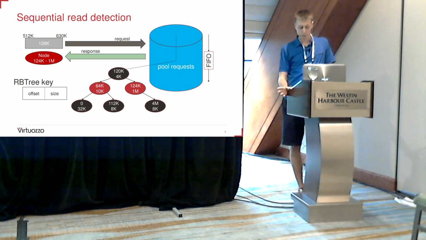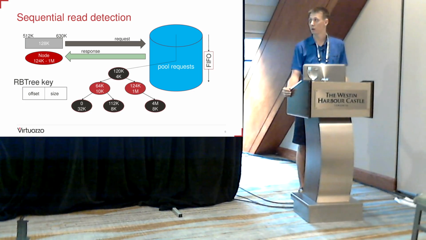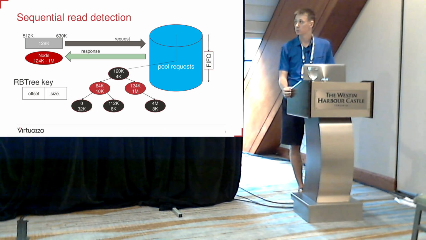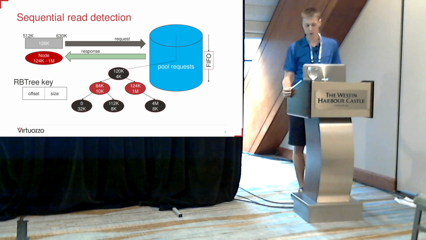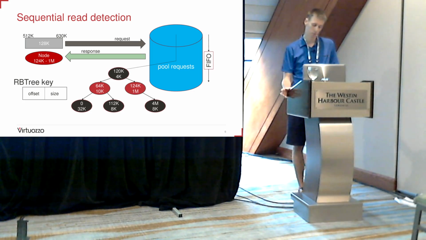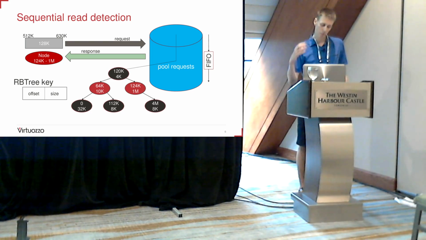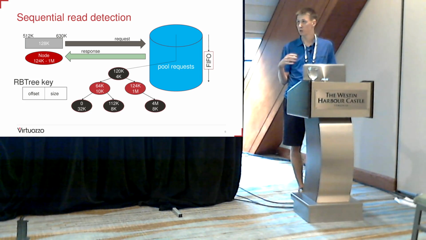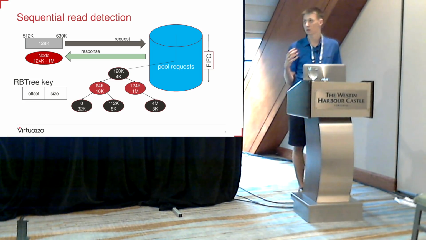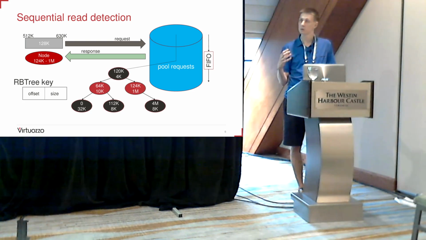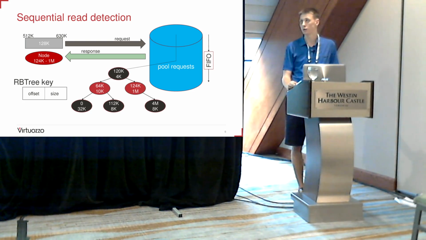Of course, it is not a fact that the request is sequential, but the cache is aimed to optimize the typical behavior of the guest. In most cases, sequential reads will be identified correctly.